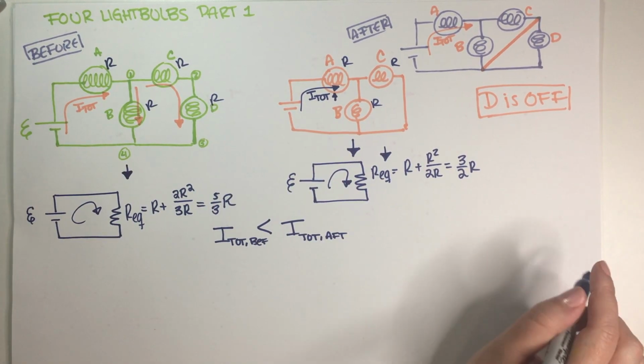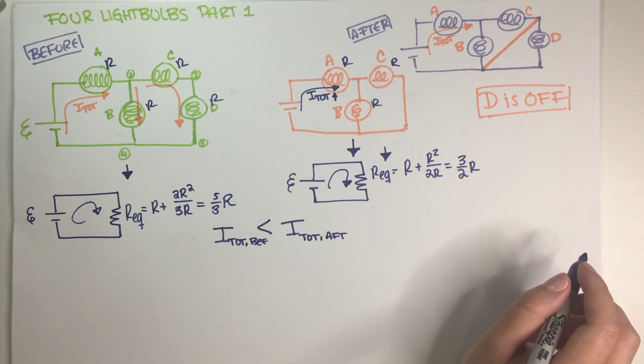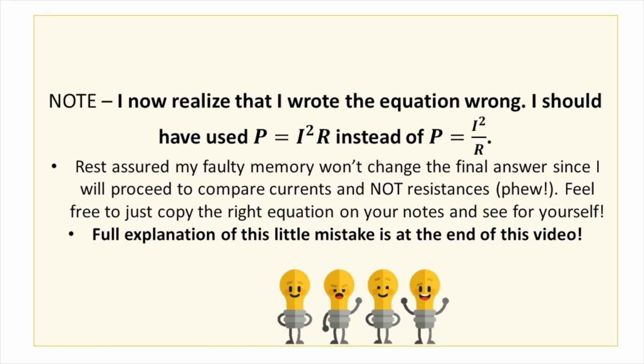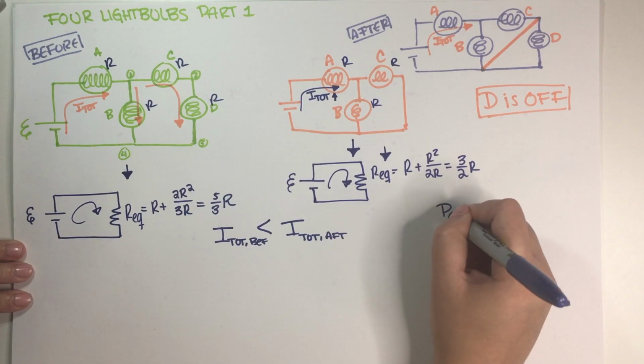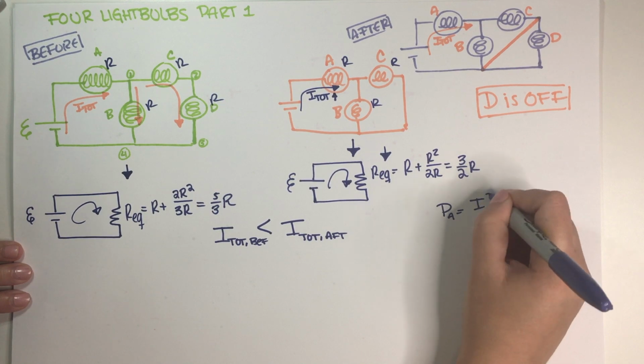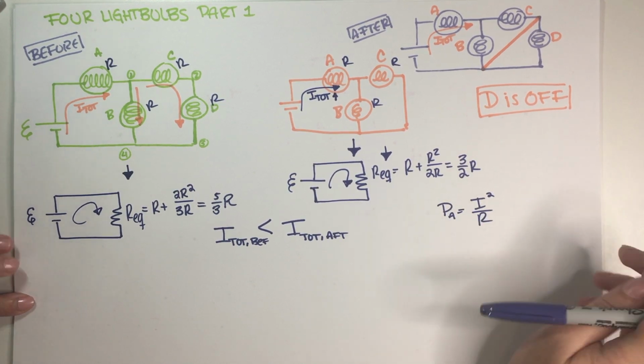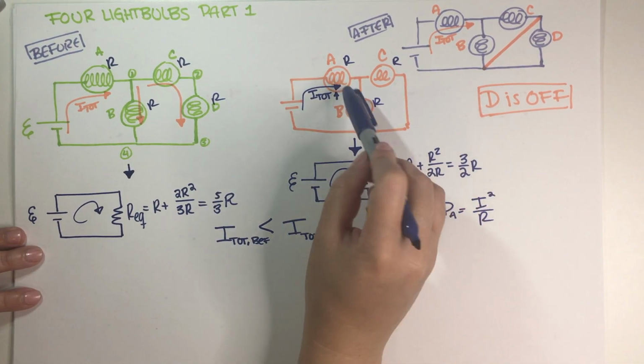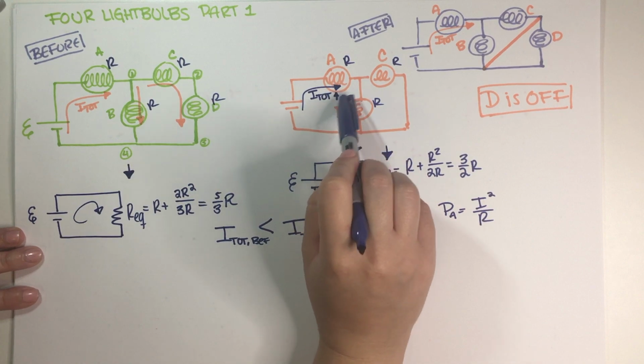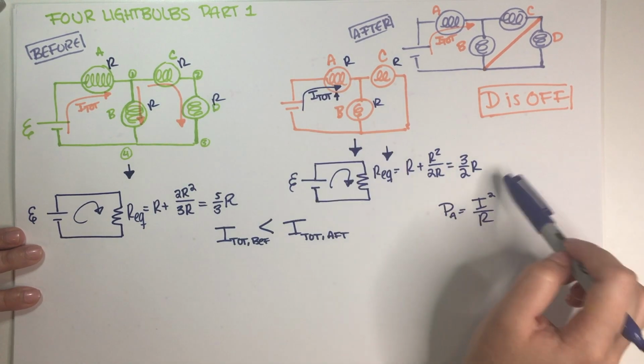Now, we know that power is equal to delta V times I, and is also equal to I squared times R. So the total current that is crossing A increased.